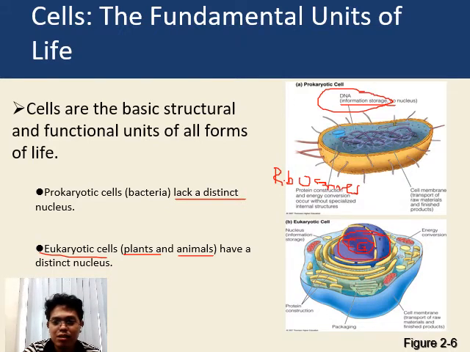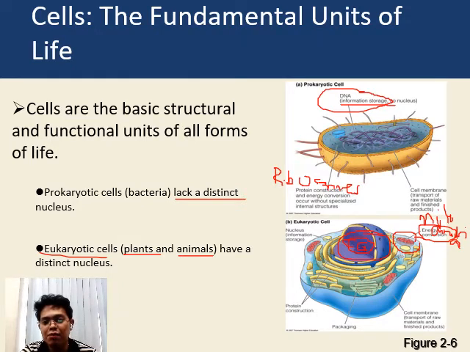And it also has an energy conversion center, or the organelle that we call the mitochondria. Mitochondria. If you can remember your high school biology, the organelle responsible for the conversion of energy is the mitochondria for animals, and chloroplast for the plants.